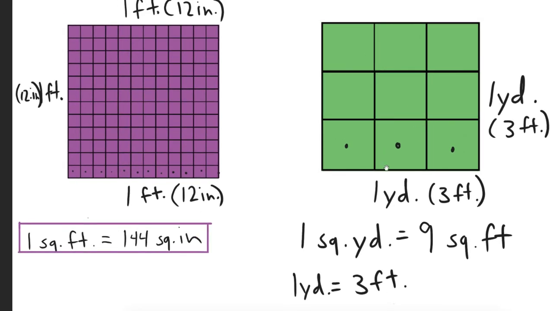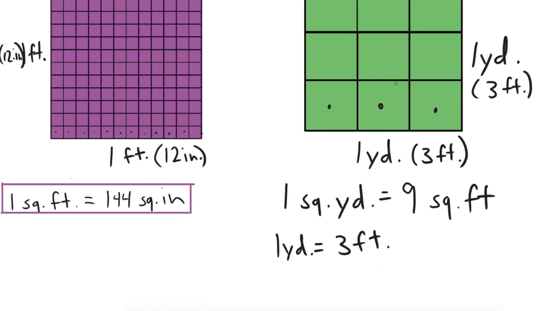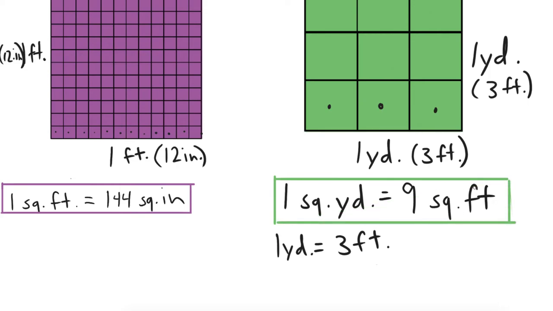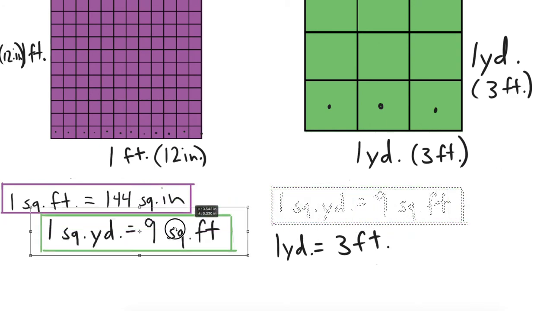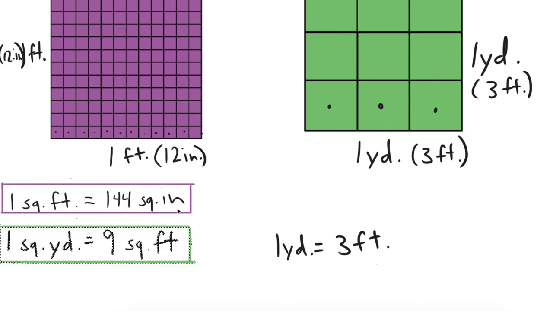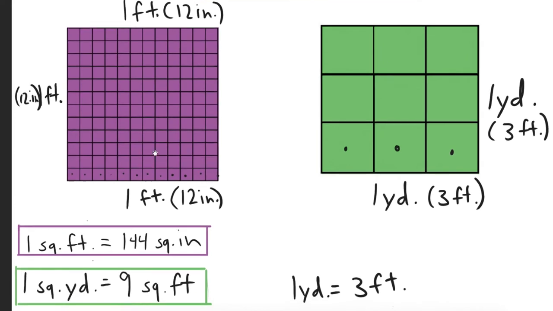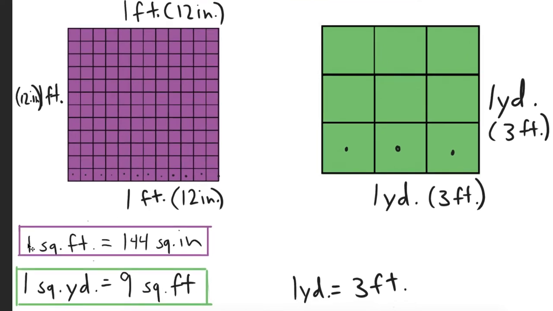All right. So that's another important measurement you have to learn in this lesson. 1 square yard equals 9 square feet. Hopefully my examples here show you exactly why that is. So 1 square foot equals 144 square inches.